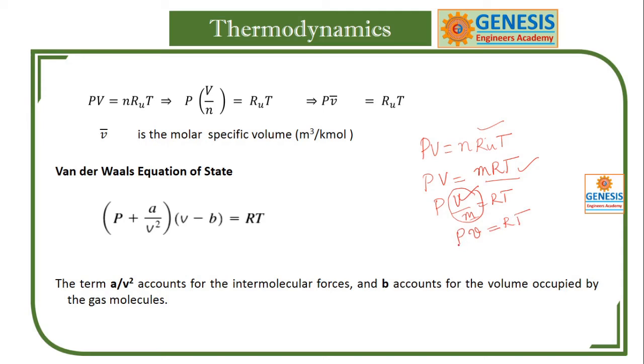So this is Pv equal to RT. Likewise, if you divide by n, it is Ru T, and this can be replaced by molar volume. If you are using molar volume, you have to use the universal gas constant. If you are using specific volume, it is the general gas constant or the gas constant for a particular gas.